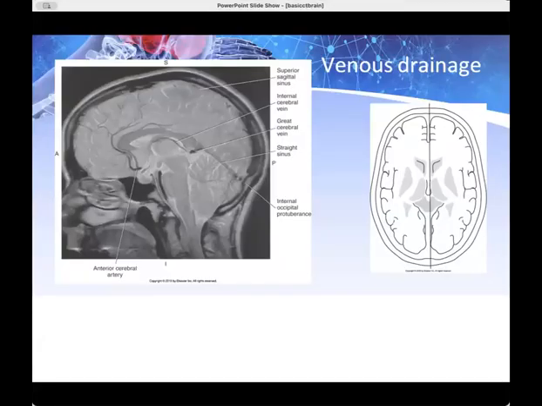The venous system of the brain and its coverings are primarily composed of the dural sinuses, superficial cortical veins, and deep veins of the cerebrum.